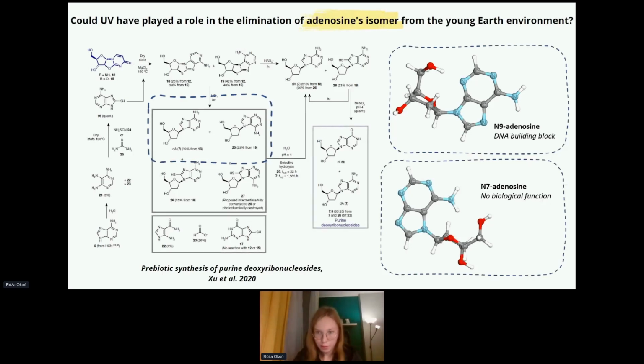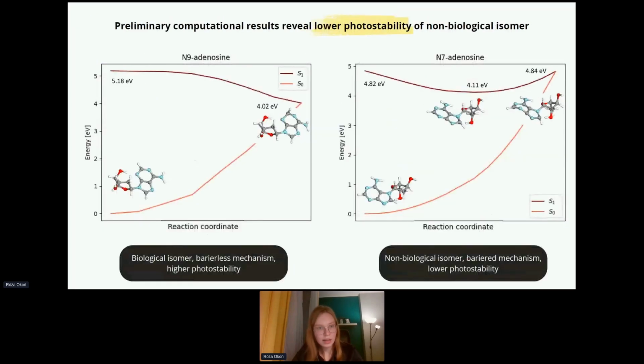So together with my team, we asked a question whether ultraviolet radiation could be a factor which could lead to the selection of 9-adenosine over its non-biological isomer. And some preliminary computational results reveal that there is a significant difference in photostability of these 2 compounds.